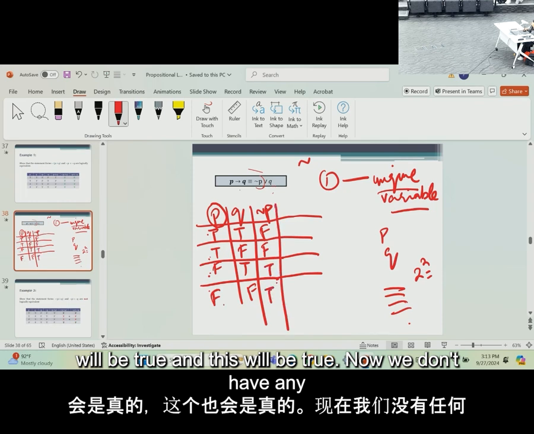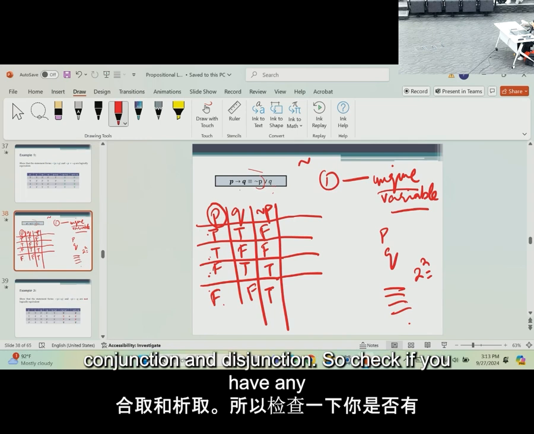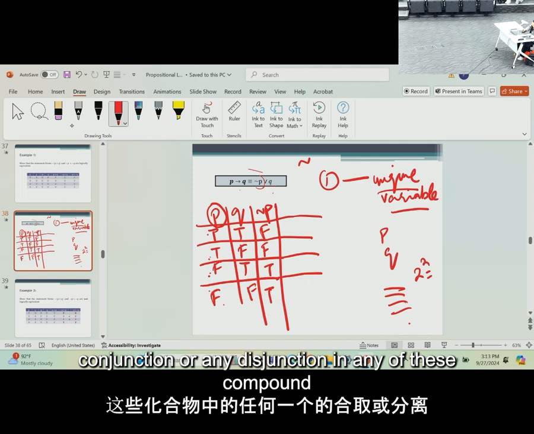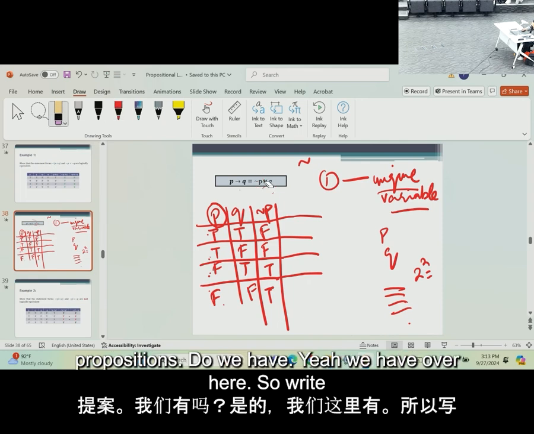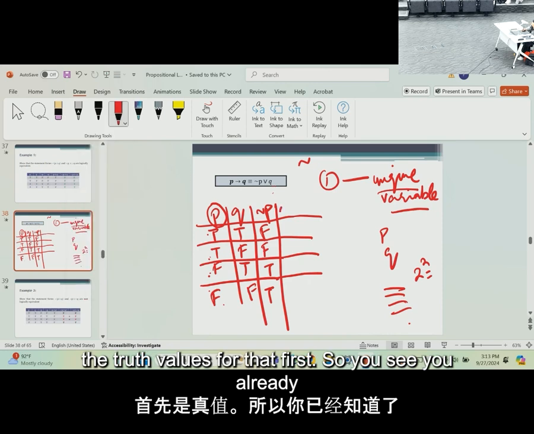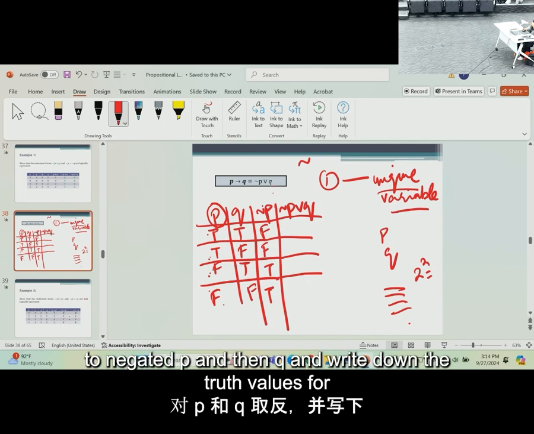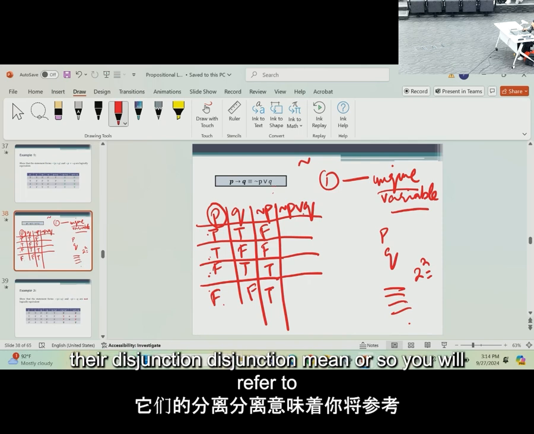Now, we don't have any other negation, so what is the next logical connective? Conjunction and disjunction. So check if you have any conjunction or any disjunction in any of these compound propositions. Do we have? Yeah, we have over here. So write the truth values for that first. You already have the truth values for negation, so you can simply refer to negated P and then Q and write down the truth values for their disjunction.